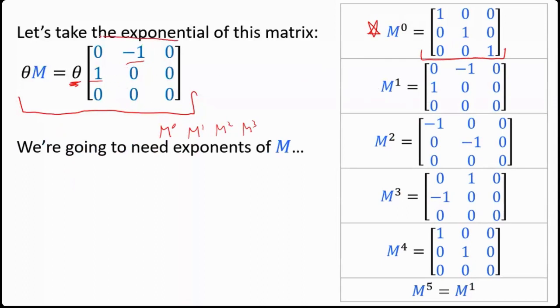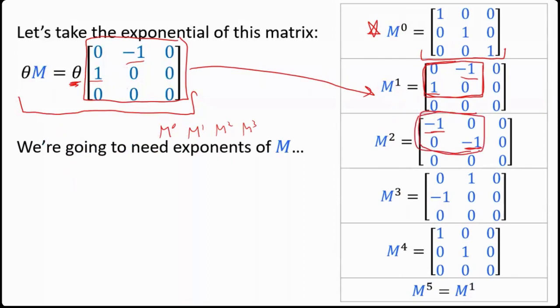M to the 1 is just M. M to the 2 ends up being this. You could convince yourself that if you square this matrix, you get -1s on the diagonal, and the rest is 0.